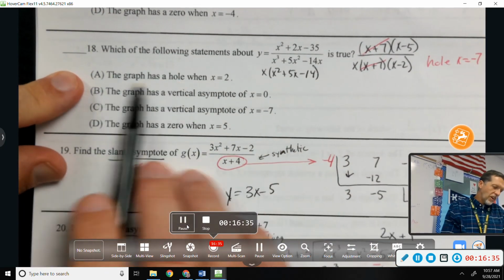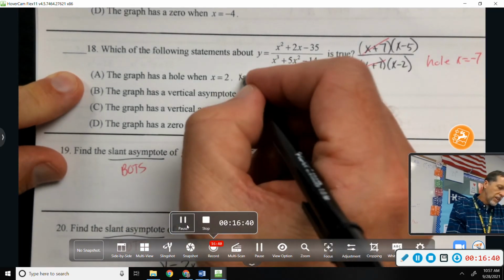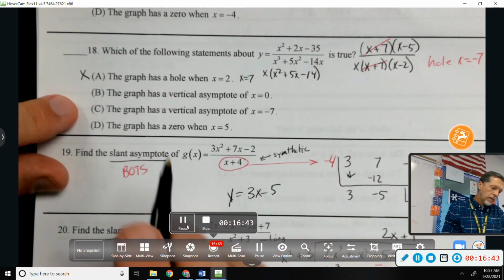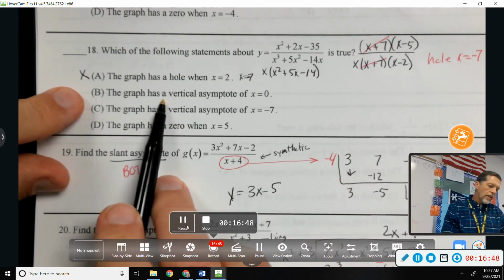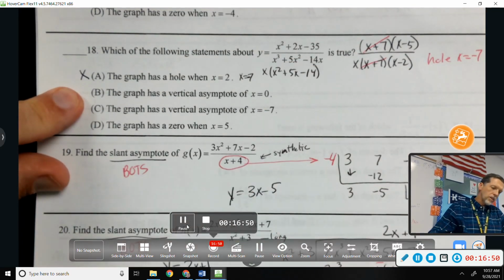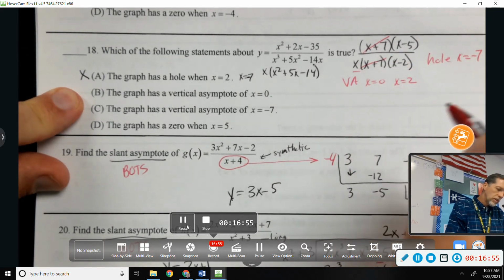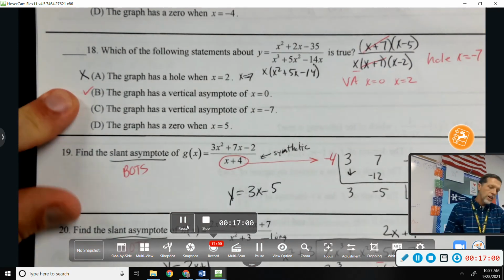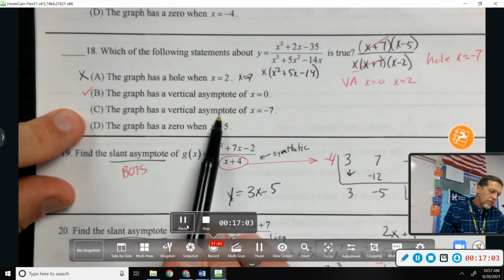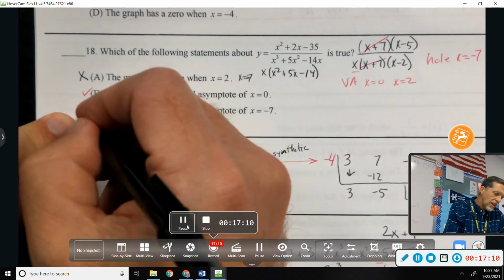The graph has a hole when x equals 2. No, there's a hole at x equals negative 7. That one's not true. The graph has a vertical asymptote at x equals 0. Yes, x equals 0 and x equals 2. So that's a true statement. It's not the only vertical asymptote, but there is a vertical asymptote there. The graph has a vertical asymptote when x equals negative 7. No, because that's a hole. So that one's not true.